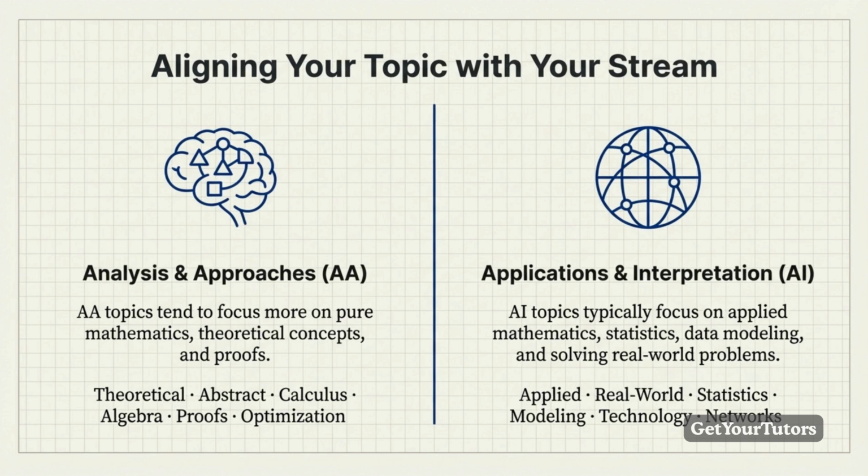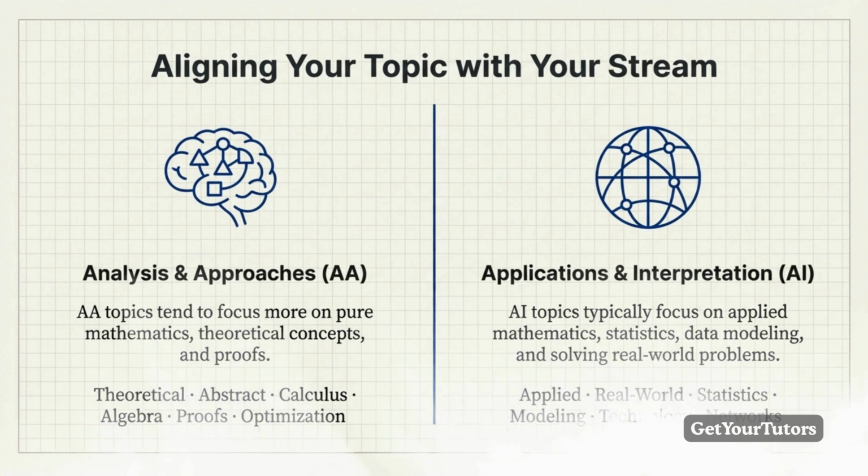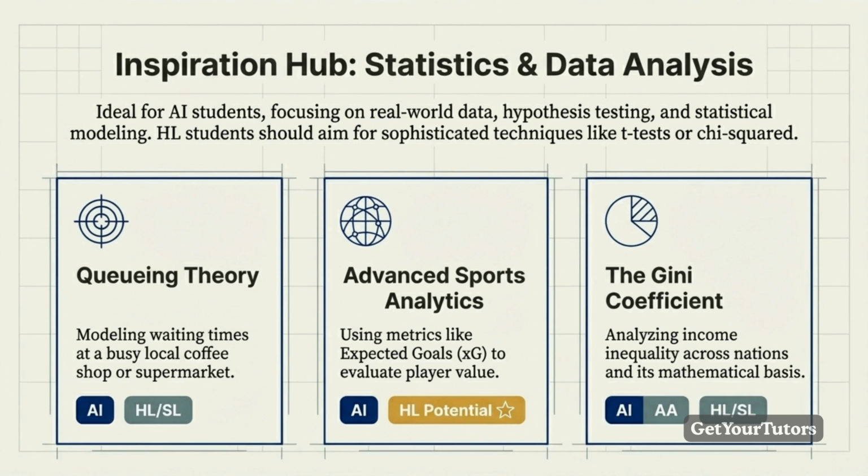Okay, so let's take all that theory, the balance, the pillars, the scaling, and look at where great topics actually come from. Our sources call these the inspiration hubs. Yeah, concrete starting points. Let's start with the Statistics and Data Analysis Hub. This is a great place for AI students. Forget simple averages. Think about advanced sports analytics. So not just tracking goals.